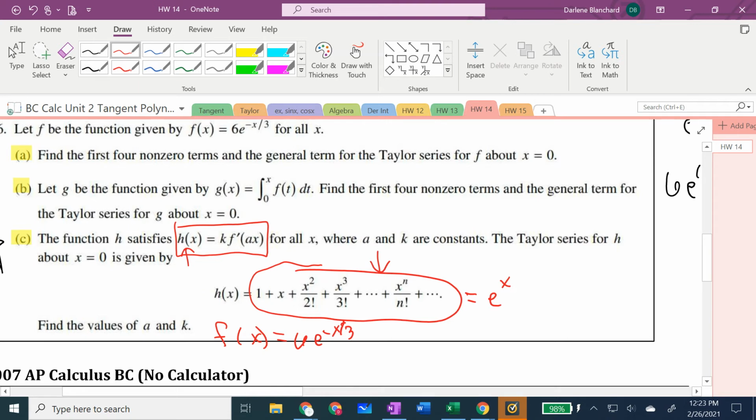And then they did give you the function for f of x. So from there, you could say, hey, well, f prime of x is 6e to the, shove the baby in, multiply by its derivative.